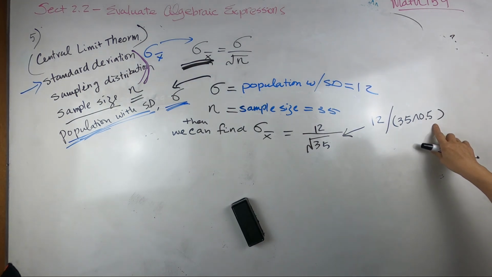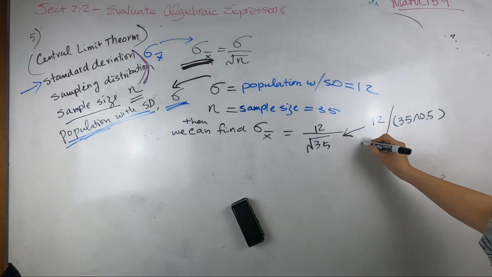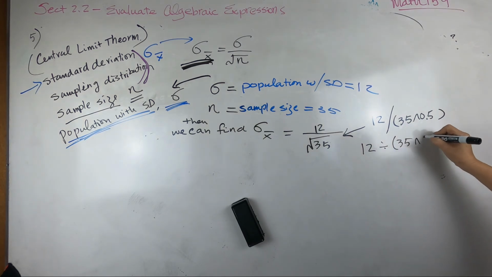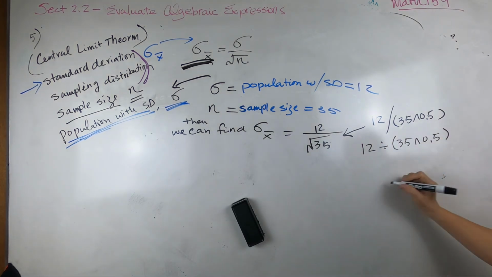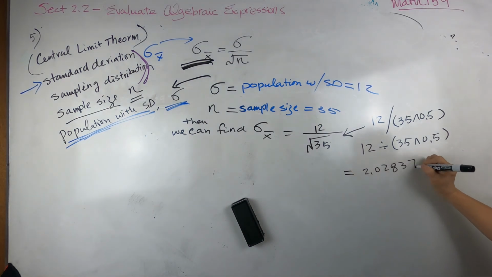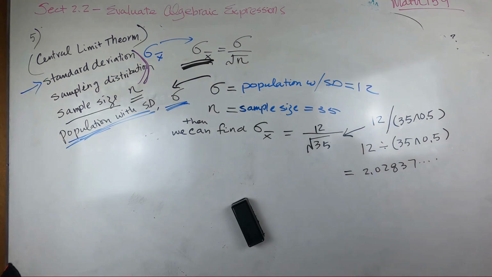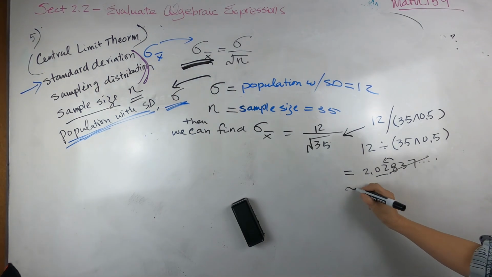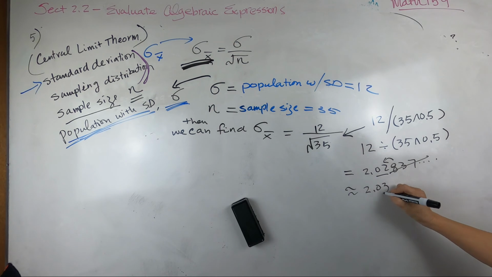On your chapter 1, we practiced that. When you put it into the calculator, you do divide, but remember, you need to have parentheses. Then you get this number, 2.02837 and so on. How many decimals do we need? 2. So we round, and the answer is 2.03.